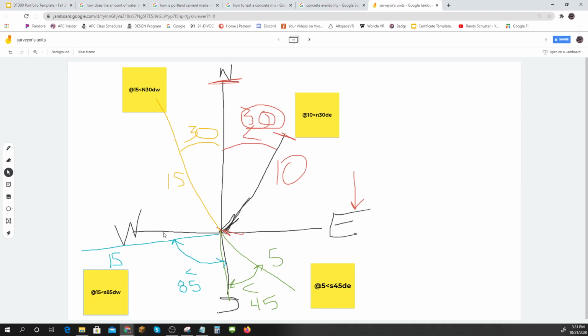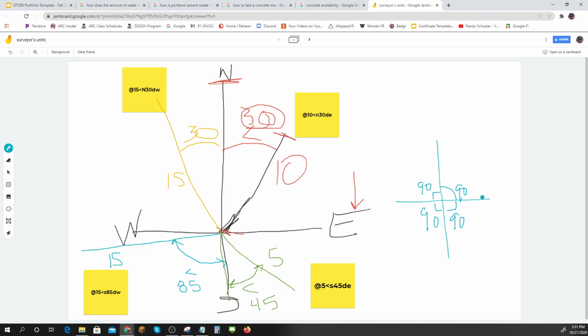Now, if I want to go straight west and I want to write it down, I could always just draw it. But if I wanted to, I could go north 90 degrees west or south 90 degrees west. Remember, in a perfect cross, that's 90 degrees. And we usually write it with this little square thing to say that it's square. 90 degrees, 90 degrees, 90 degrees, and 90 degrees.